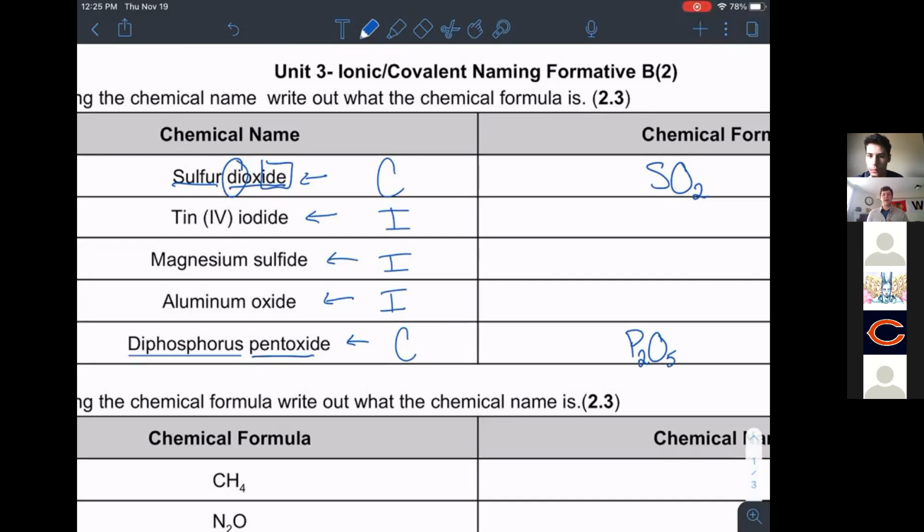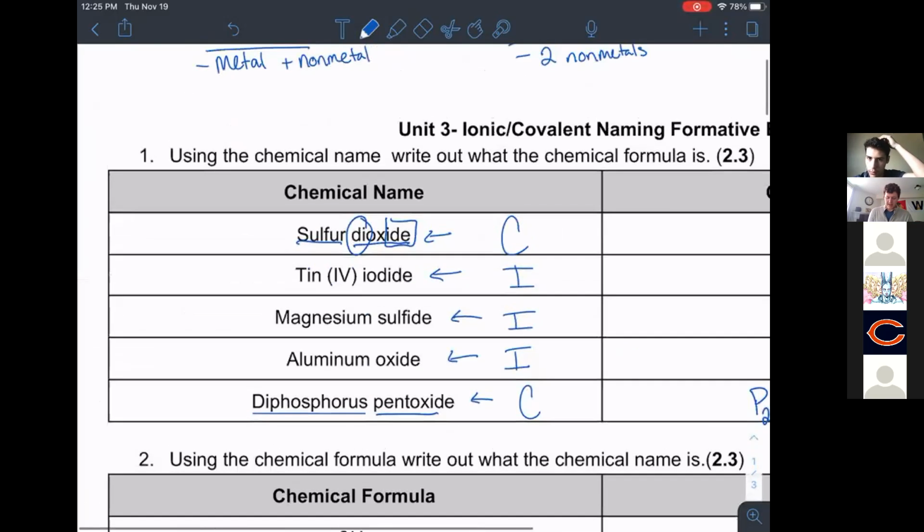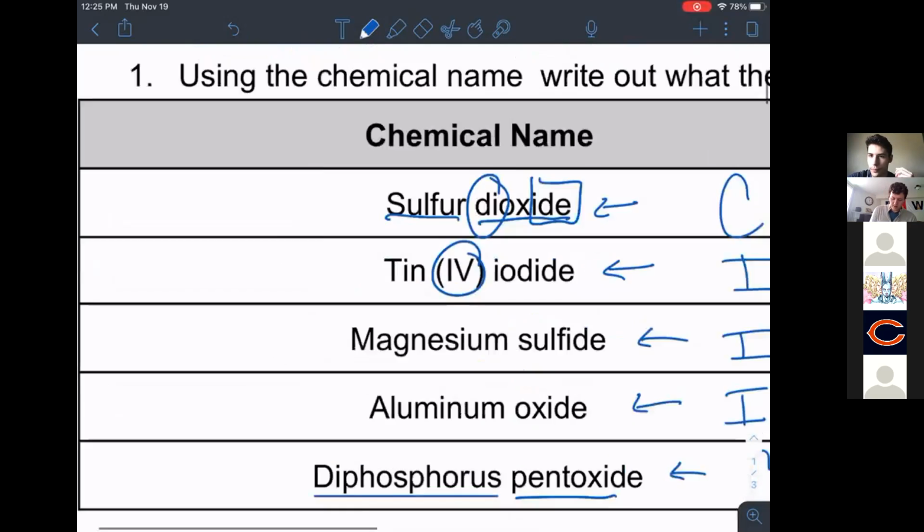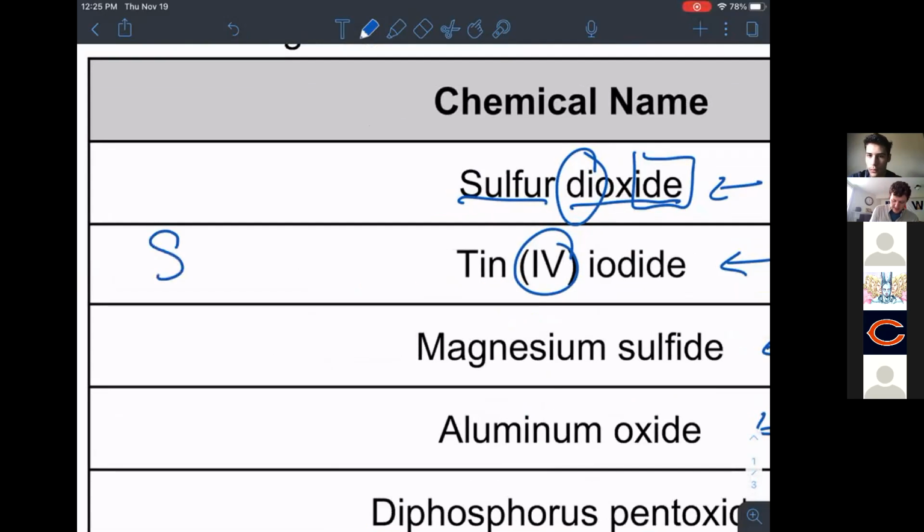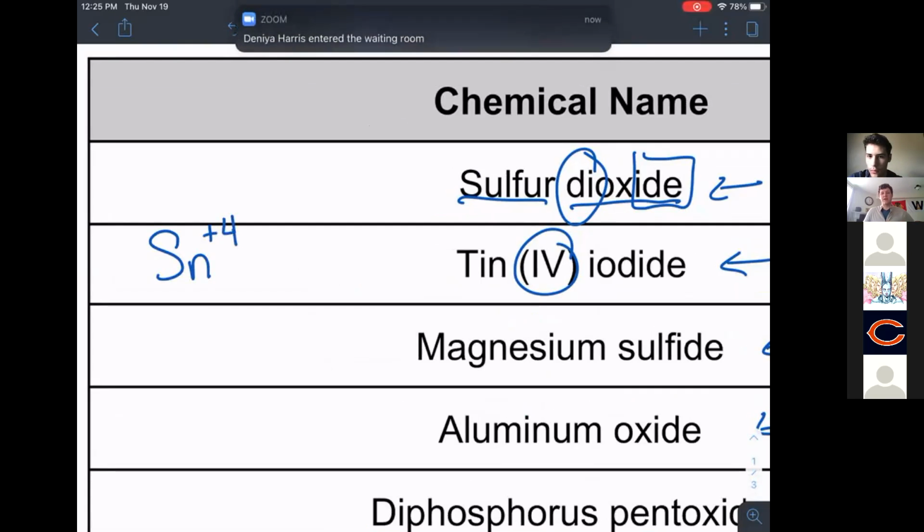All right. So now those ionic ones, we have to worry about those charges. Let's look back at tin. Do you remember what this Roman numeral stands for? It stands for 4, which means tin, Sn, has a +4 charge, or has 4 valence electrons it's willing to lose. What's our second element there? Iodine.